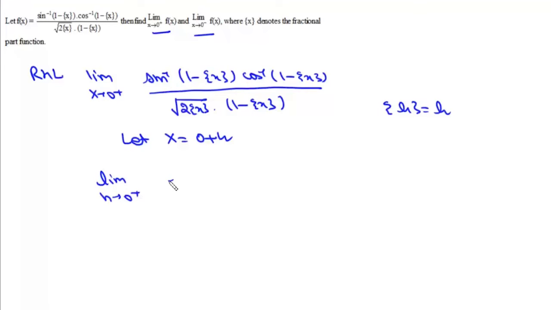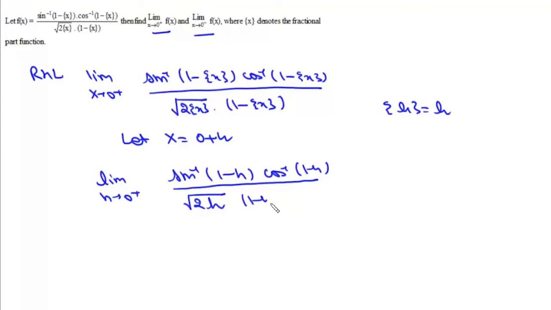So it will be this limit h tends to 0 positive, sine inverse (1 − h) cos inverse (1 − h) upon root 2h, and it will be this (1 − h). Now we don't have a problem with sine inverse because it will be sine inverse 1, which is π/2, and 1 − h is also 1.